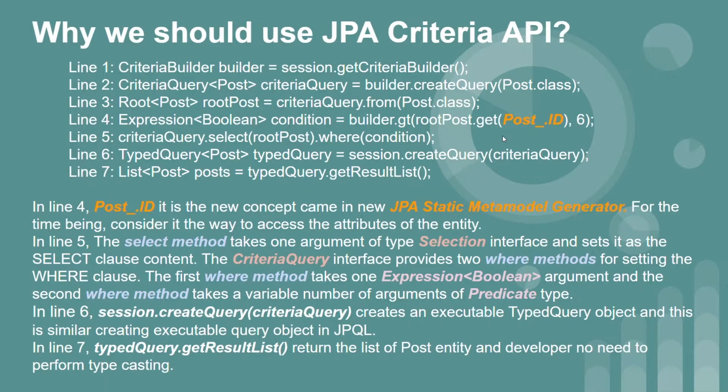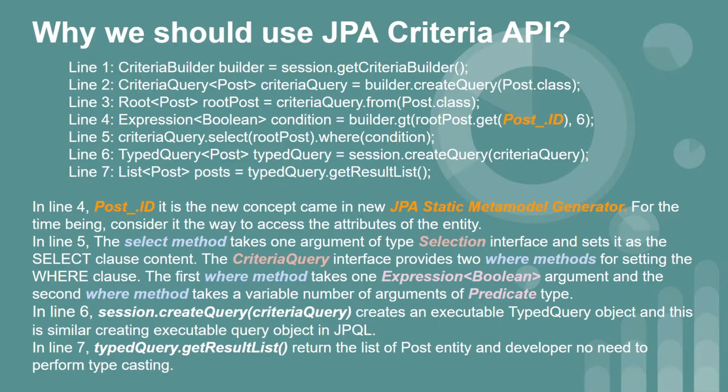Line 6 is simply creating a TypedQuery object, similar to creating an executable query object in JPQL. In line 7, we are getting the result from the query, and here you don't need to typecast it, and you don't need to worry about a ClassCastException at runtime.